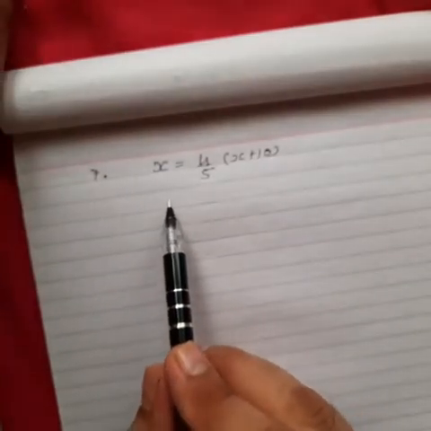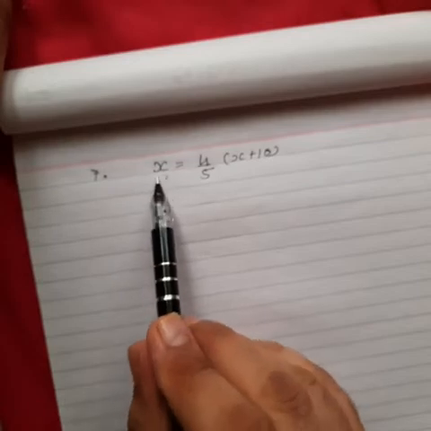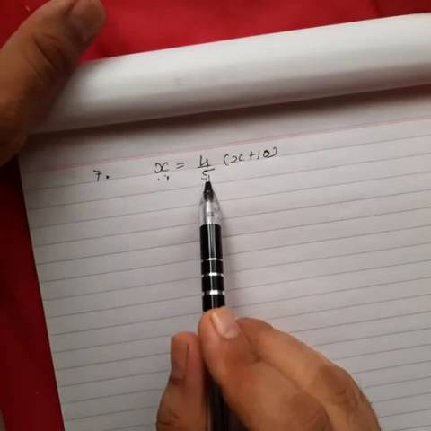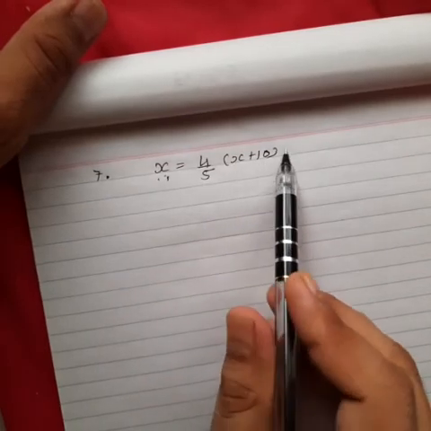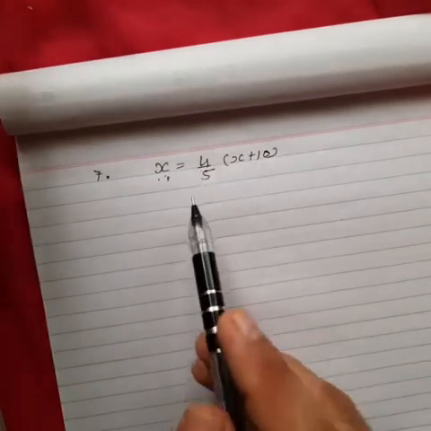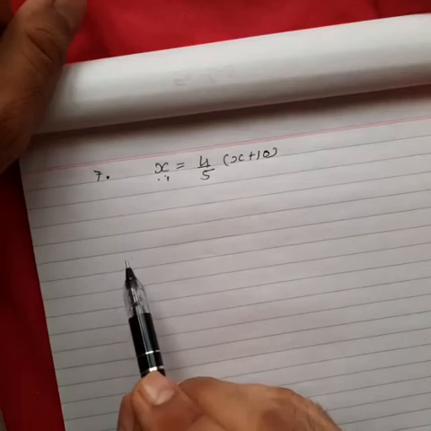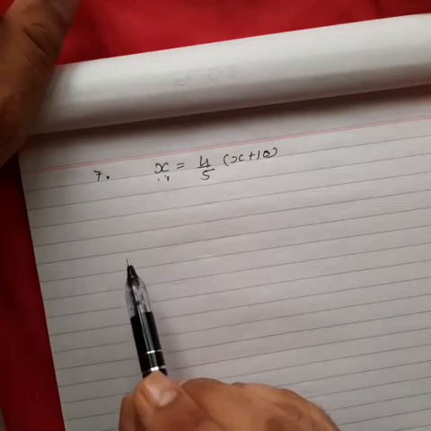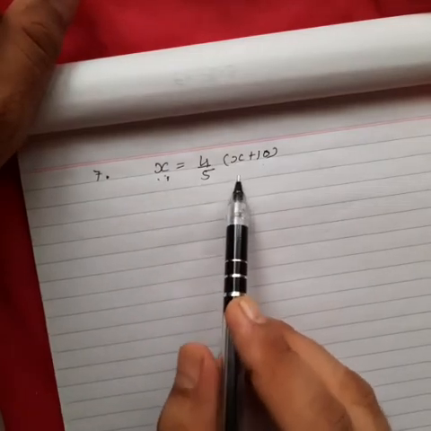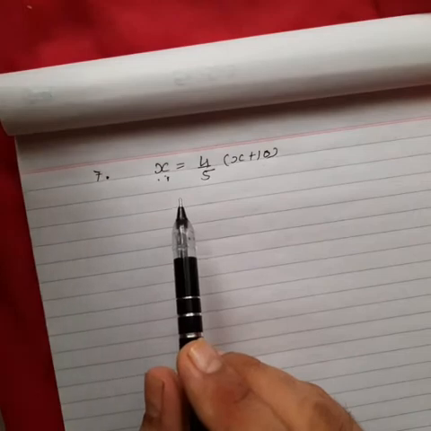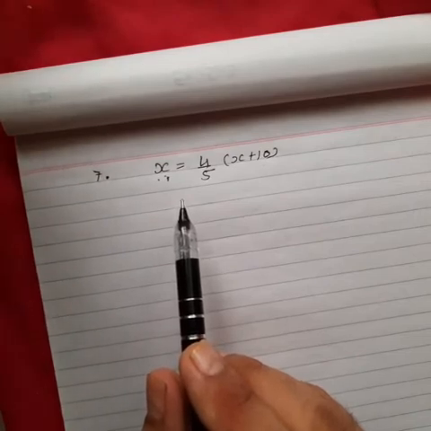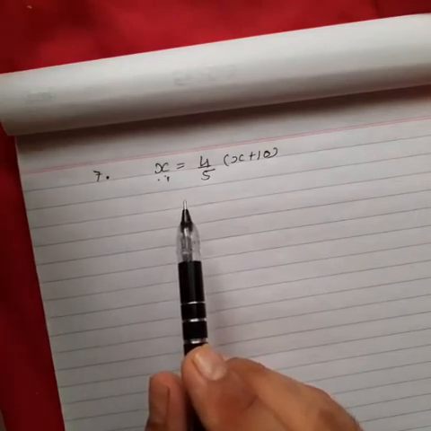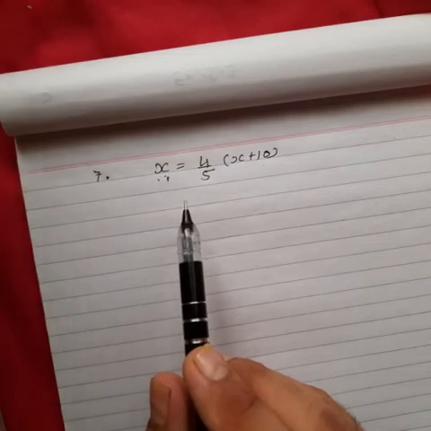Now you can see that here both sides are single terms. x is a single term. 4 by 5 into bracket x plus 10, that is also altogether a single term. So first we have to solve the multiplication and division part. Because both sides are single terms, the only possibility for solving is to solve the multiplication and division part.